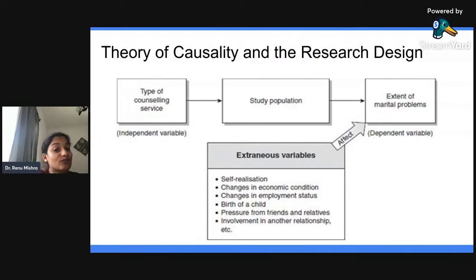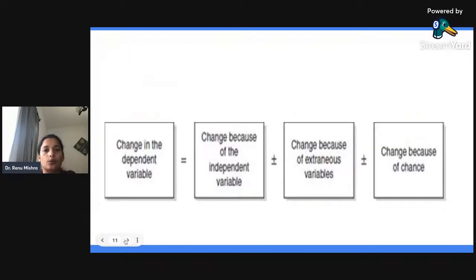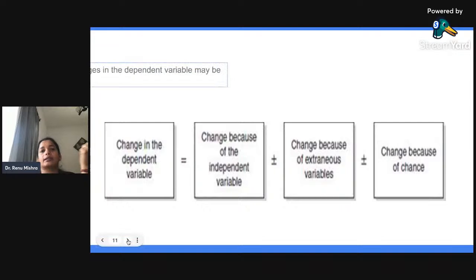But the researcher is not focusing on them. The researcher is focusing on the relationship between counseling services and marital problems. So these variables are called extraneous variables. Now, this is the relationship: change in the dependent variable is because of the change in the independent variable and the change in the extraneous variable.